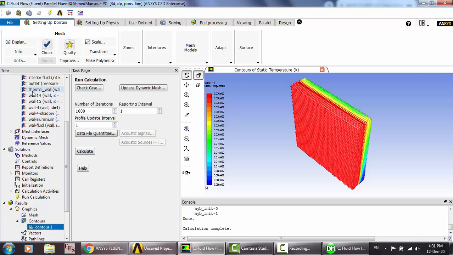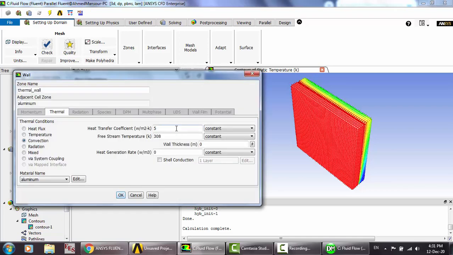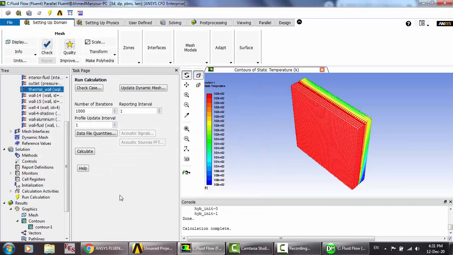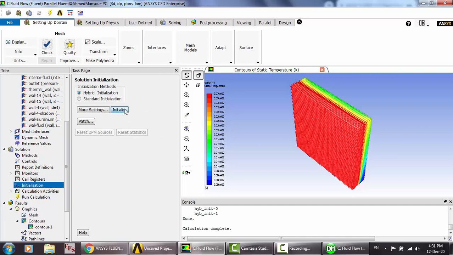Okay, now what if we have h equal 10 and the free stream is 292, which is less than the air temperature. Initialize, and we have h equal 10.